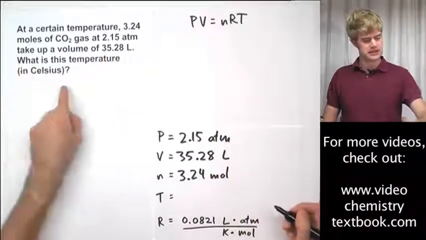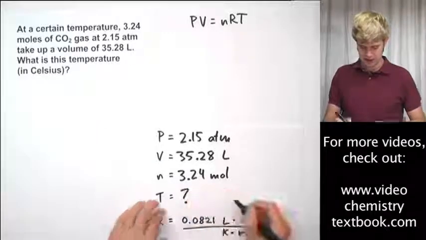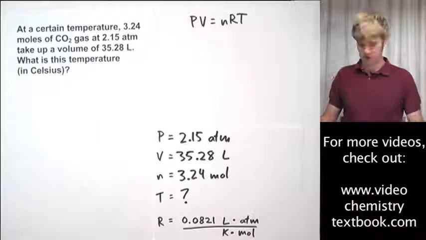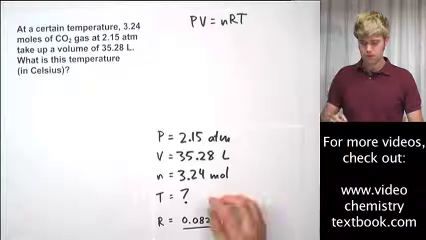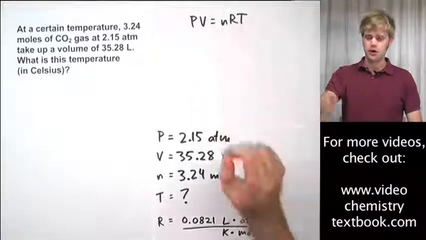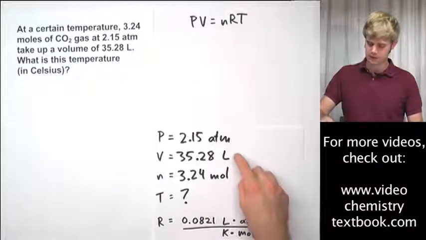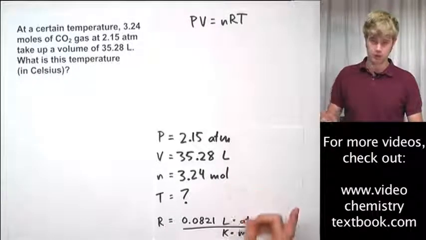What is this temperature in Celsius? Okay, so T is going to be the variable that we're going to be solving for. Before we go ahead and rearrange this, let's again look at the units of all the variables that we're going to plug into the equation.